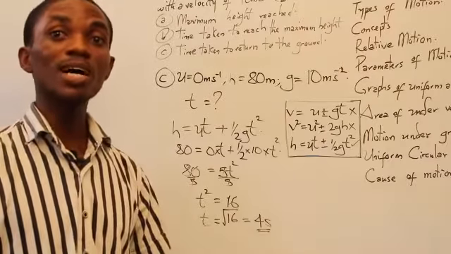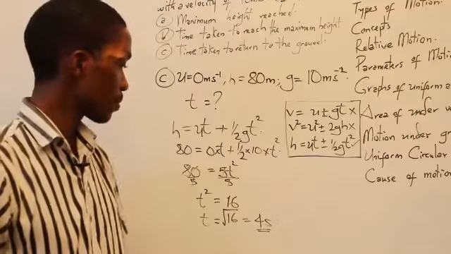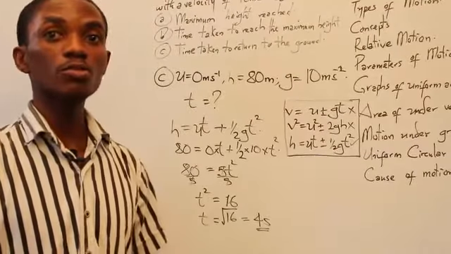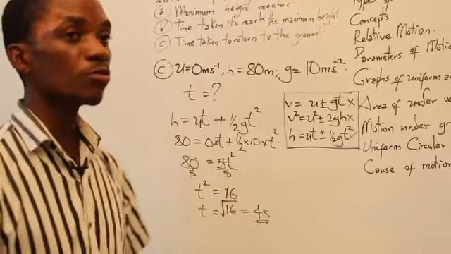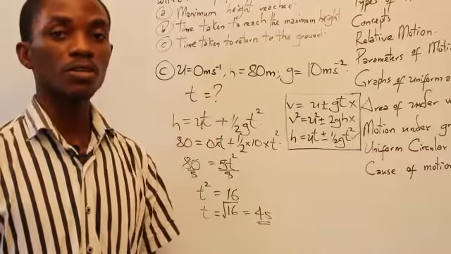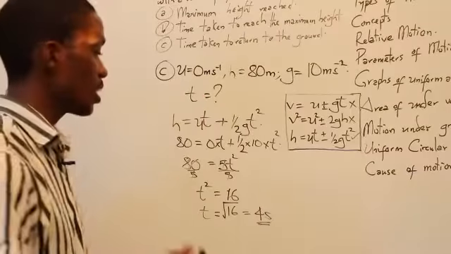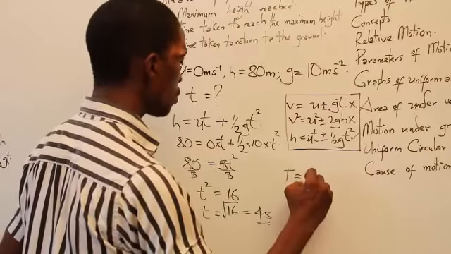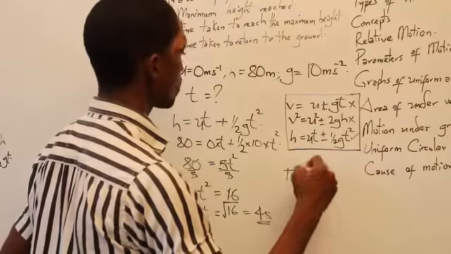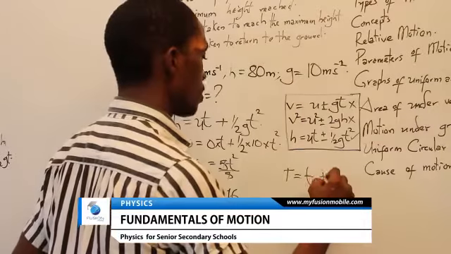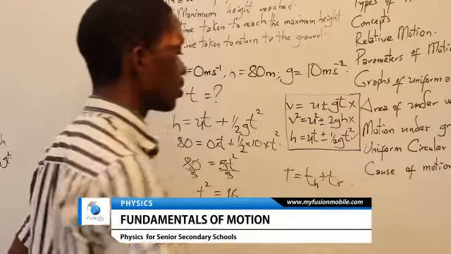But if you talk about the total time of flight, then it will mean the time it takes the ball to move from the floor to the top and from the top back to the ground. Total time of flight is usually taken as capital T, which is always equal to the time to reach maximum height plus the time to return.